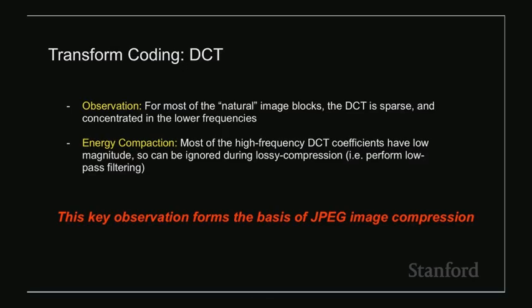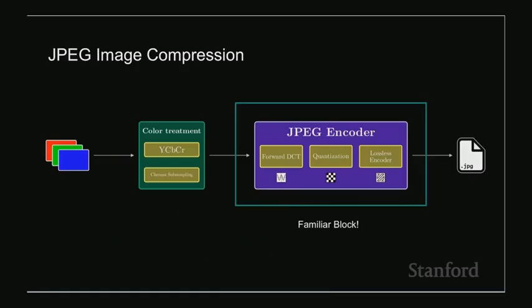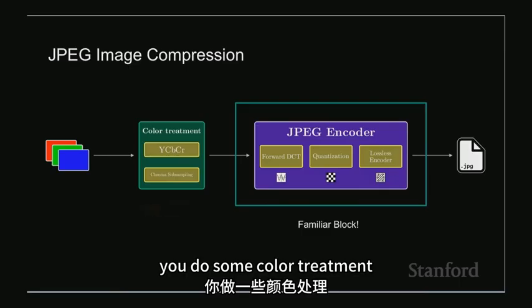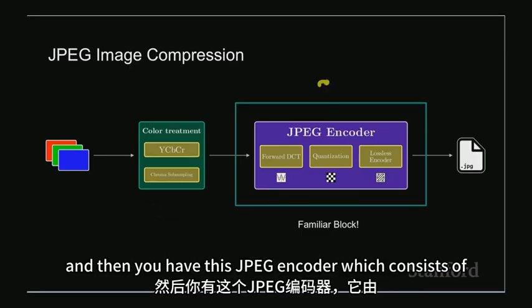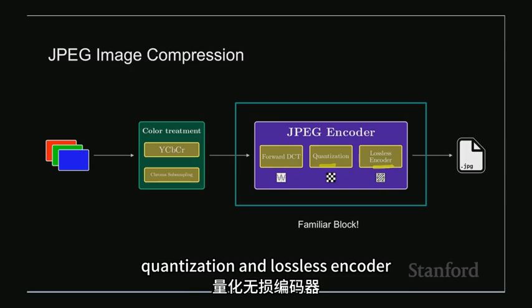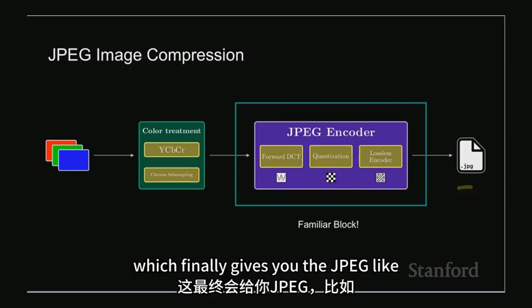So let's look at the JPEG compressor now. How your JPEG compressor works is you first have your image, you do some color treatment, and then you have this JPEG encoder, which consists of forward DCT, quantization, and a lossless encoder, which finally gives you the JPEG.